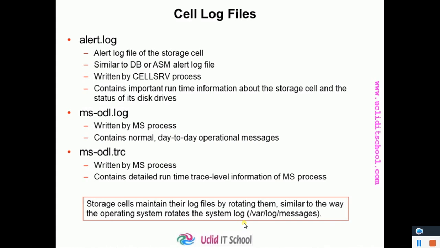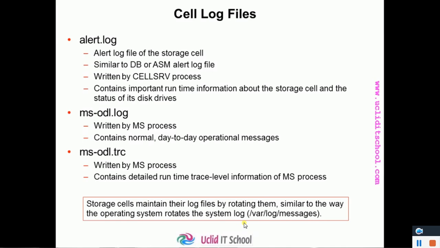Then next thing is every cell has log files. In fact, these three processes have log files. So in case there is some problem, you need to refer to the log files. So what are those log files? Cell has an alert log file like a database. A database instance has an alert log file.